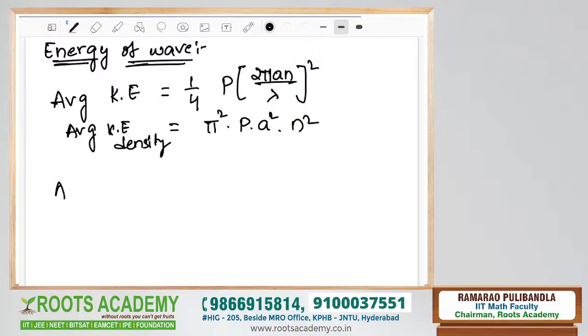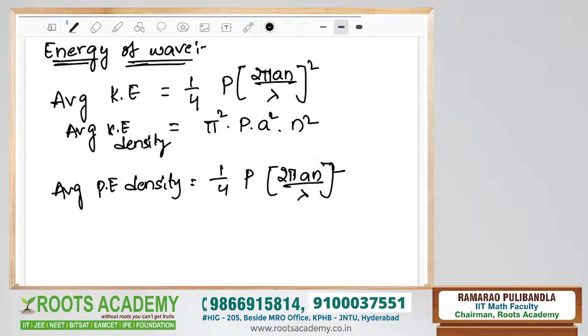And next, the average potential energy density is 1 by 4 rho of (2 pi a n by lambda) whole square, that is pi square into rho into a square into n square. So we can observe that both are the same.